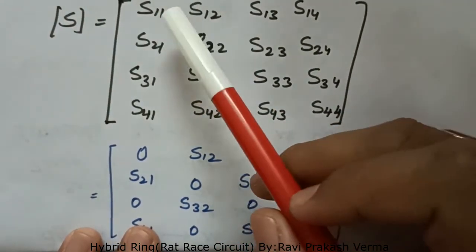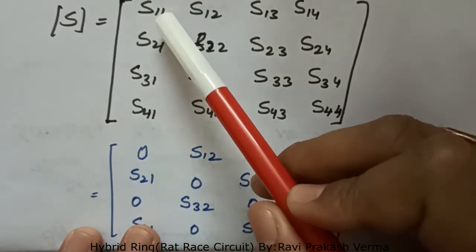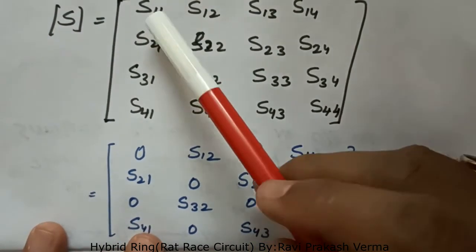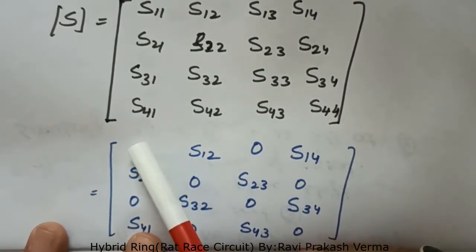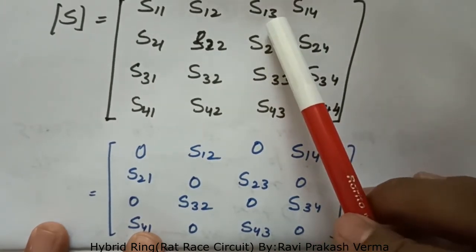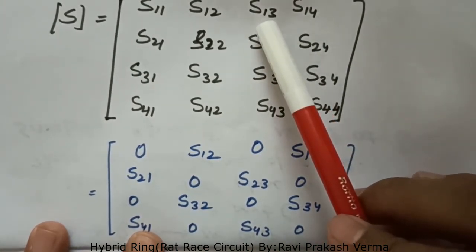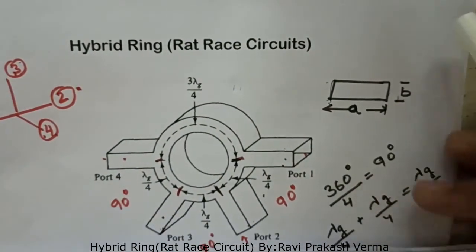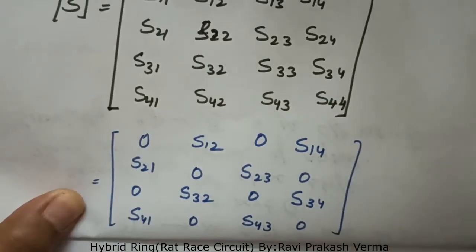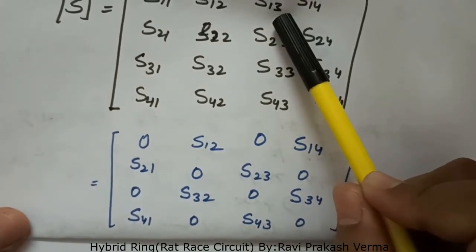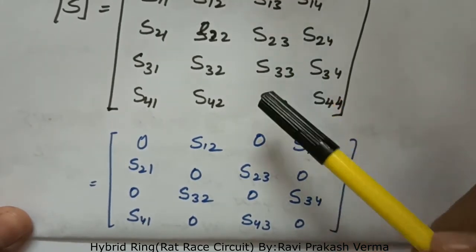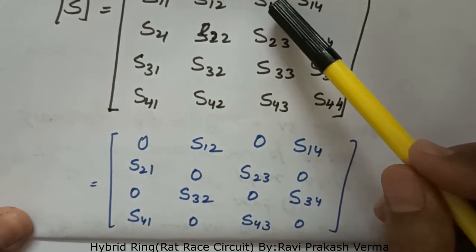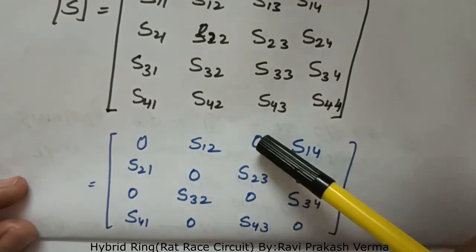S11 means we apply input at port 1 and take output at port 1. This is a perfect match circuit, so S11 will be 0. Similarly, for S13, when we apply input at port 3, the output at port 1 will be 0, as we saw in this figure. Input at port 3 and output at port 1 have a total phase shift that is also a multiple of 180 degrees, so S13 is 0.